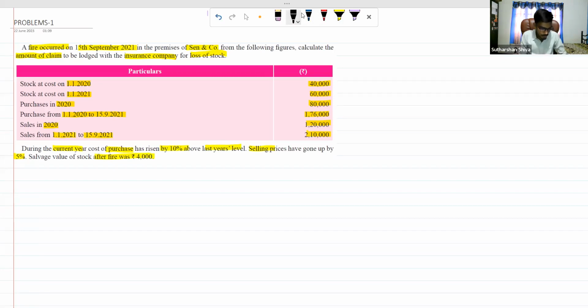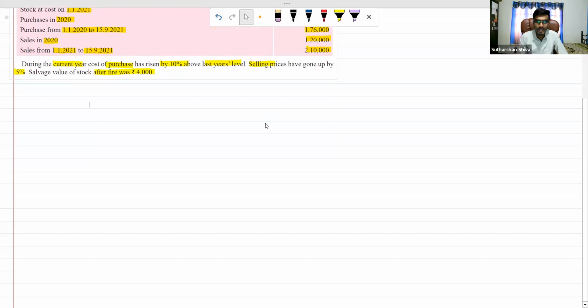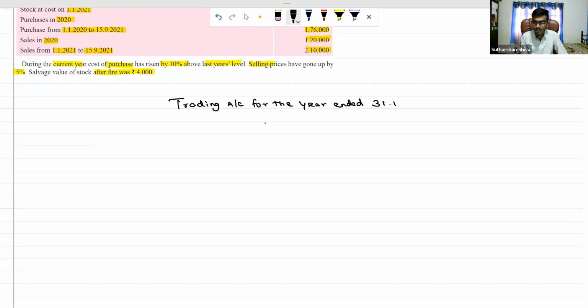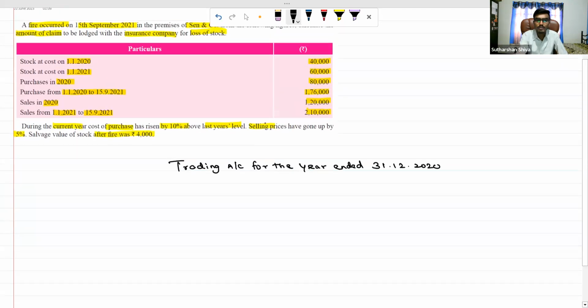Whenever the GP ratio is not available in the question, the first point you need to remember is that you should prepare the trading account. Trading account for the year ended 31/12/2020. Why am I putting 31/12/2020?